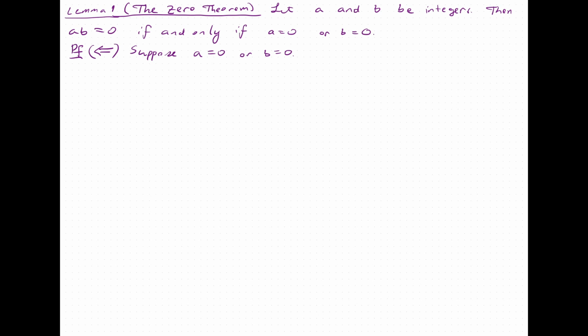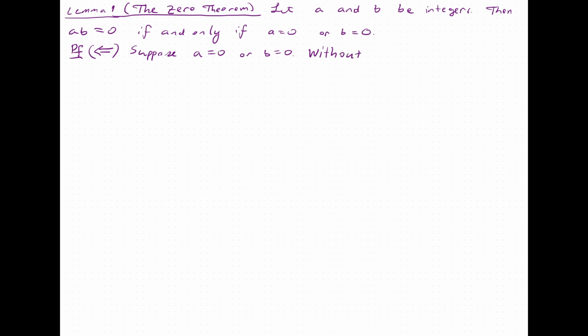So assume that a is equal to 0, and then we'll have to do the other case, that b is equal to 0. But the symmetry of the argument here is going to be exactly the same if we did it for a is equal to 0 or b is equal to 0. So in instances like these, there is a phrase that we use, and it is called without loss of generality.